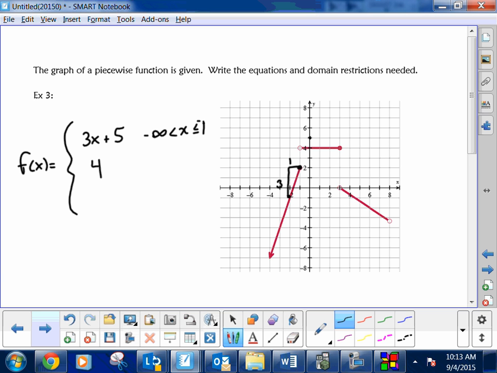This one exists from negative 1, but not including it. Do you see what I just did? I didn't put the line because it's not included. And then I am going to include 3. See how it goes all the way to 3? So I'm going to put 3 there.